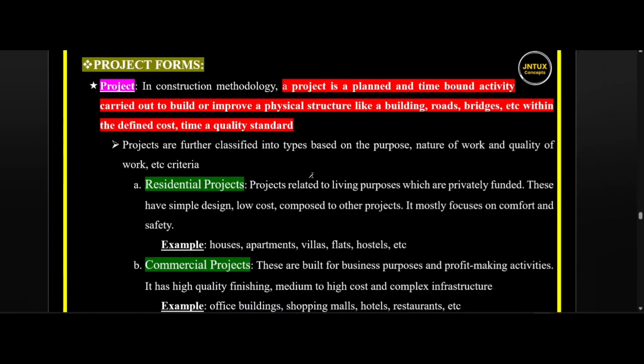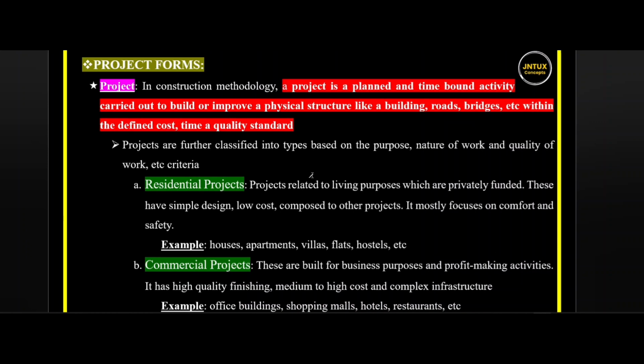So the summary of this video can be in project forms. At first we have discussed what is meant by a project. It is a time bounded activity that is undertaken to improve or to build a physical structure like buildings, roads, bridges, etc. within a defined cost, time, and quality standard.